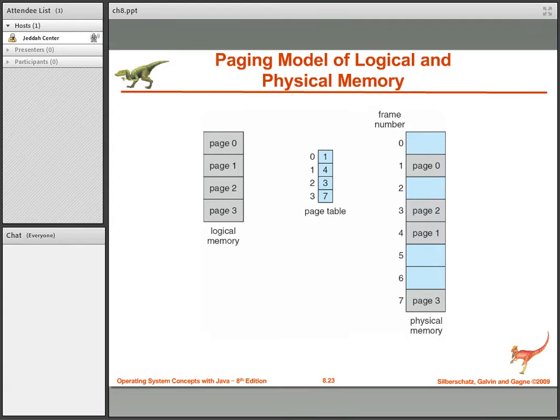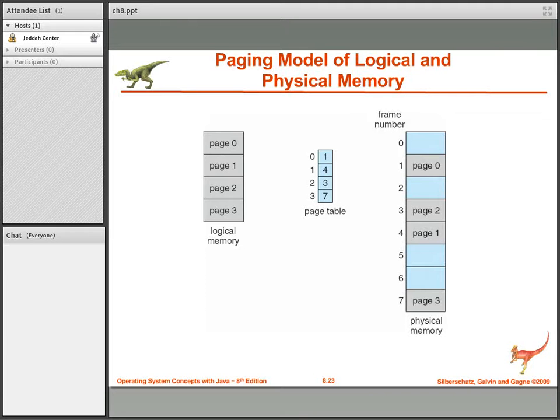And in between, as you can see, we have the page table. This page table will give us which frame number in the physical memory has to accommodate which page of the logical memory.